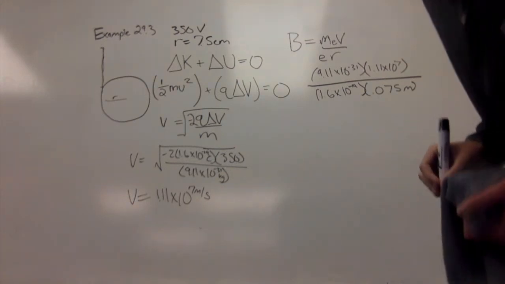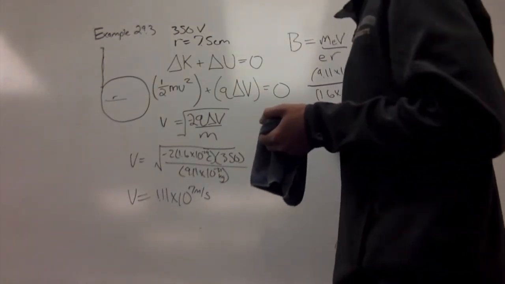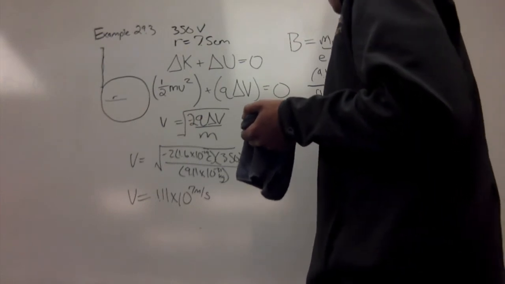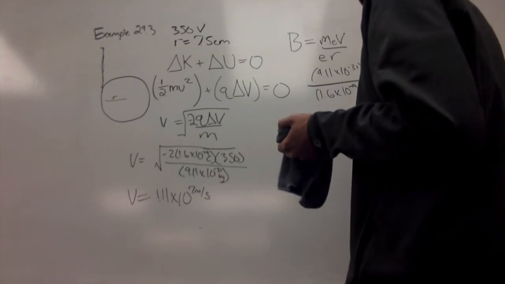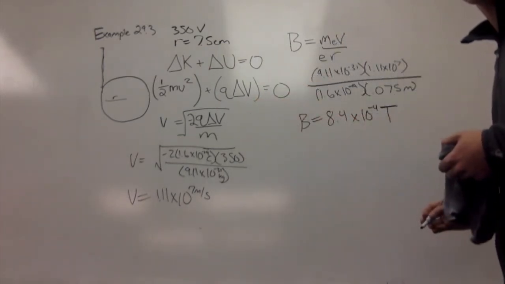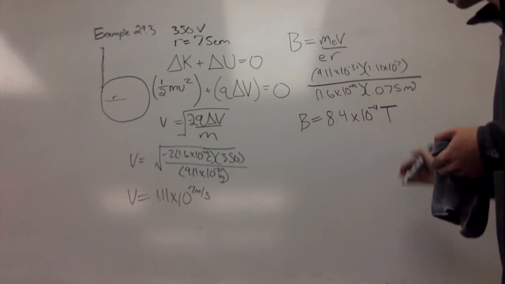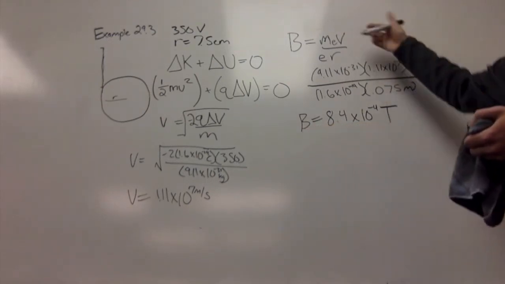Once we solve that out, we should get a Tesla rating for the magnetic field, which is equal to 8.4 times 10 to the minus 4 Teslas. Sorry, I kind of covered that up there. But yeah, B is equal to 8.4 times 10 to the minus 4 Teslas.